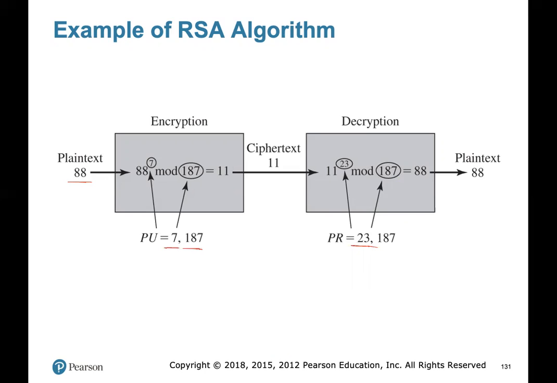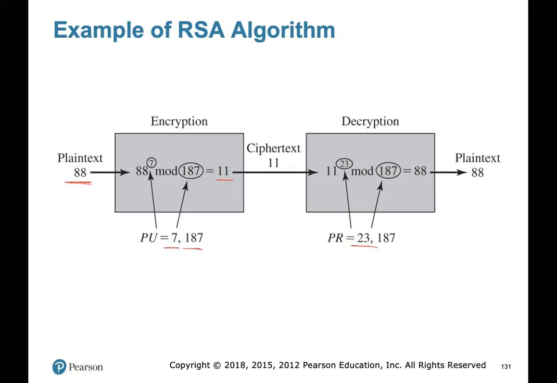So 88, we calculate 88 to the power of 7 mod 187. And it's going to result in 11.